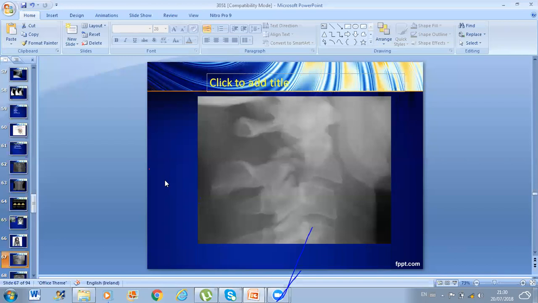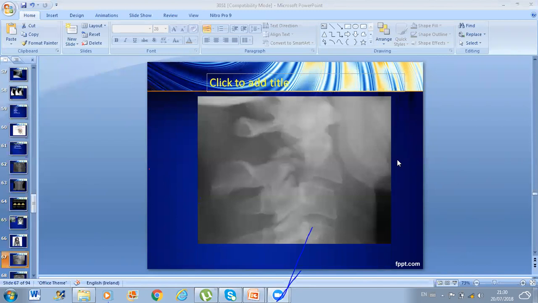What's happening here? This is the lateral view of the cervical spine. What's positive? Shahbaz, what is this? Fracture disruption of the pars interarticularis.